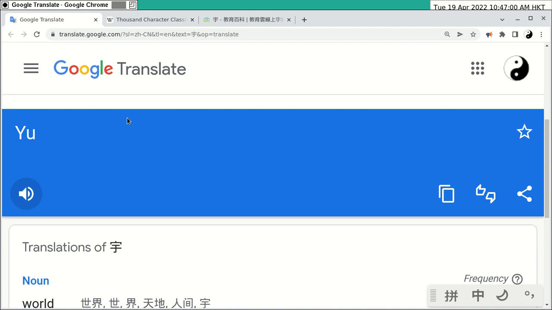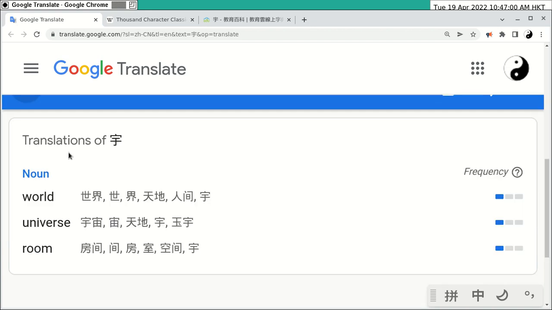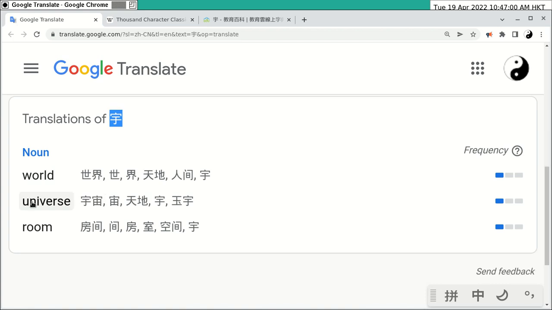Normally it doesn't come alone. You will come to another character that I may talk about tomorrow or the day after. 宇宙 means the whole world, and the universe, more than the world. Normally it means the whole universe, or as small as the room, but this is very seldom used now.